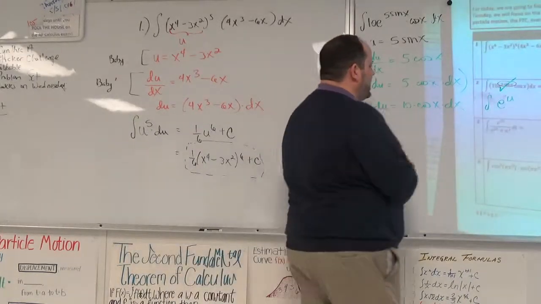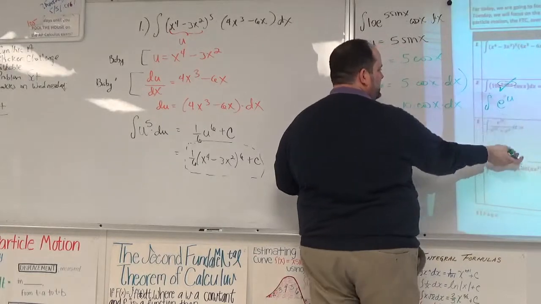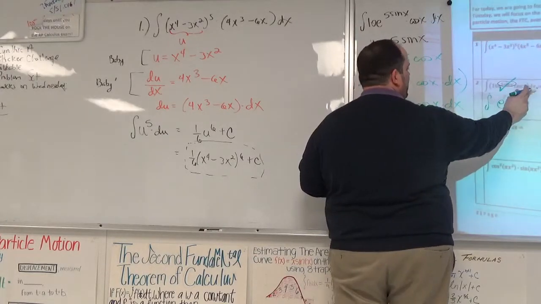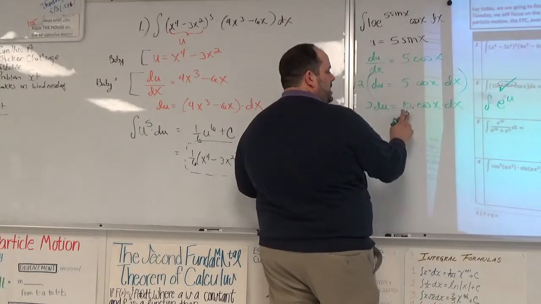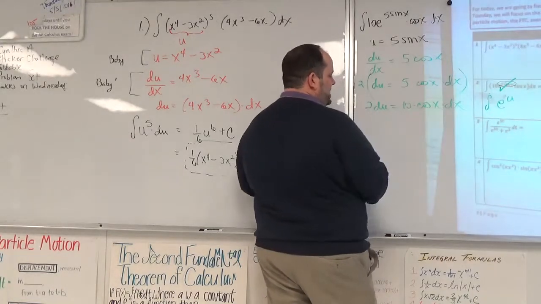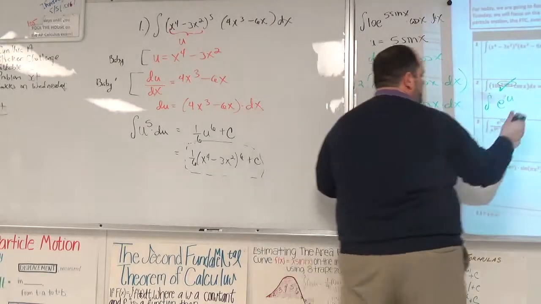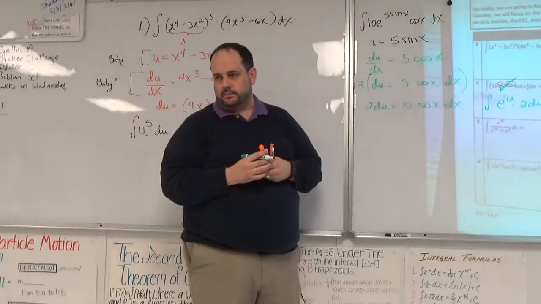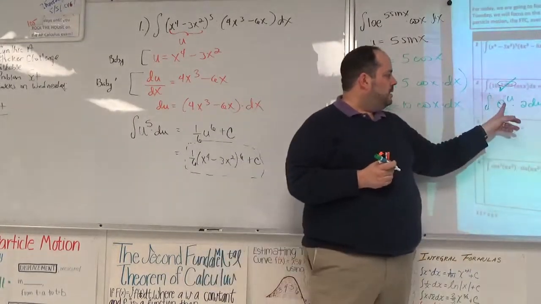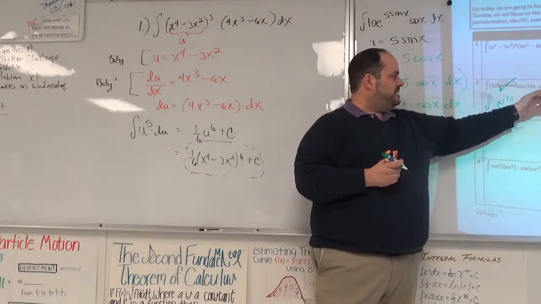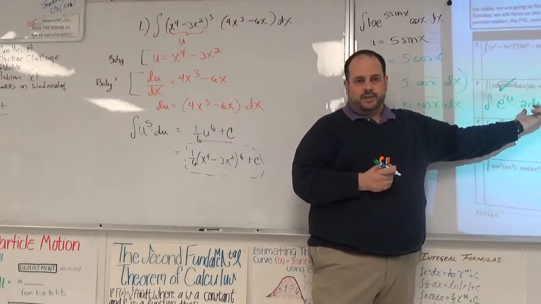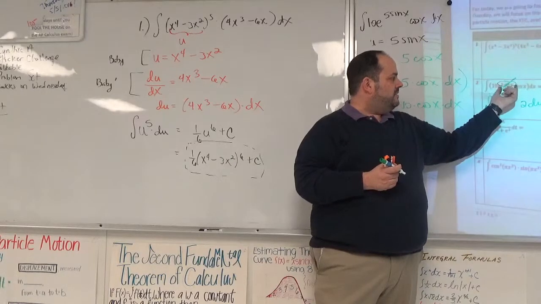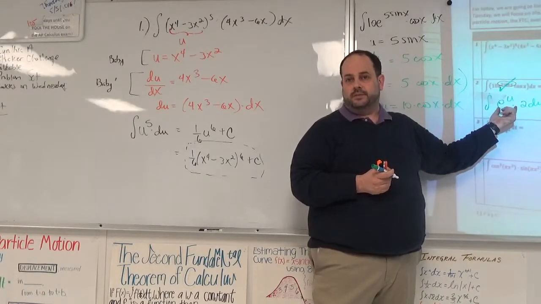So I can rewrite my integral: instead of 10 e to the 5 sine x cosine of x dx, just take the 10 cosine of x dx and replace it with 2 du. That 10 cosine of x dx is just double what du is. The e to the 5 sine of x is the e to the u piece.